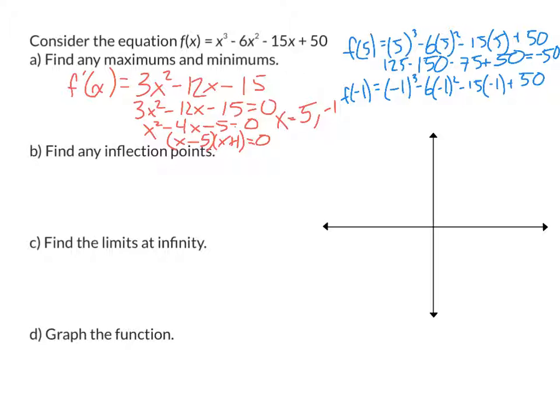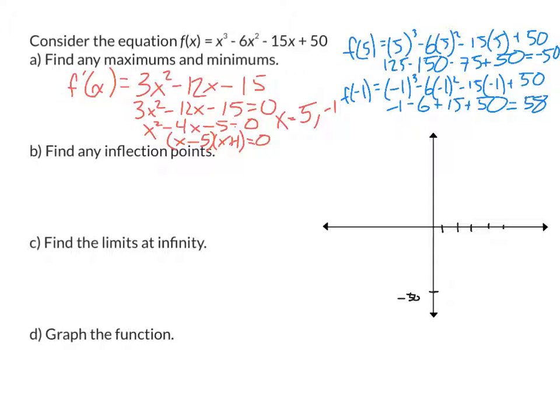Negative 1 cubed is negative 1. Negative 1 squared is 1, minus 6 more. Negative 15 times negative 1 makes plus 15, plus 50. So negative 1 and negative 6 is negative 7. Plus 15 is 8. Add 50, we get 58. And so on our graph, we have a relative minimum at 5, and we'll say that this down here is our negative 50.